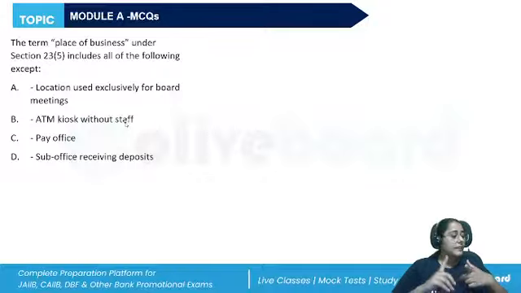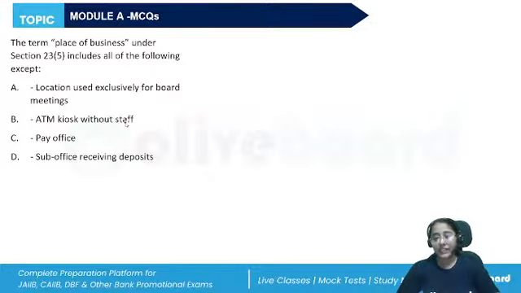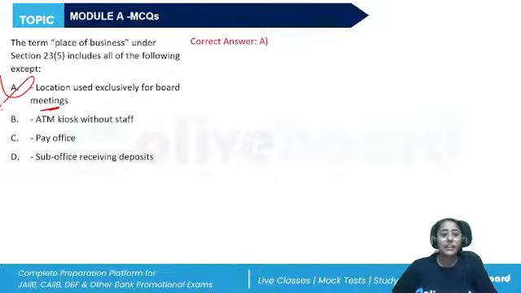Section 23 of the Banking Regulation Act, subsection 5: the place of business includes any sub office, pay office, sub pay office, or any place at which the deposits are received, checks are cashed, or money is lent. So, the location exclusively used for the board meetings will be exempted.